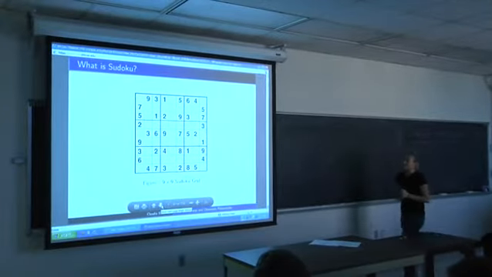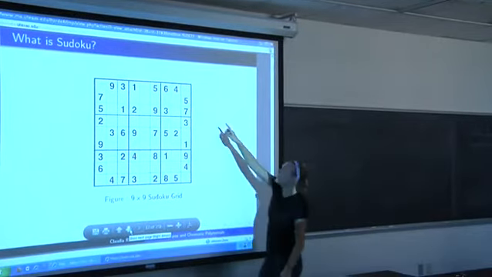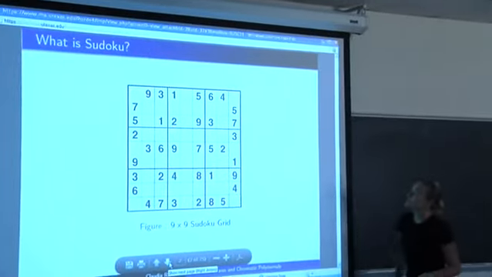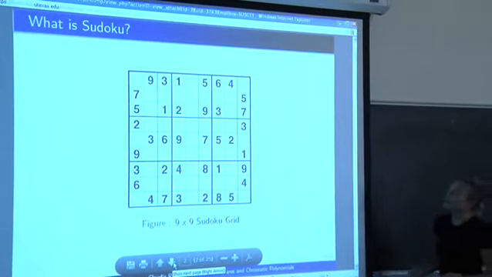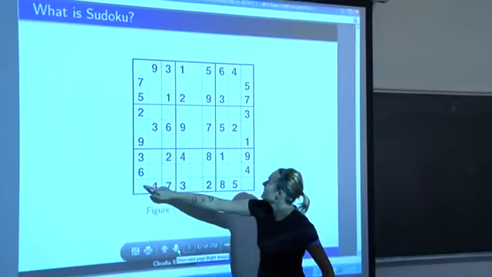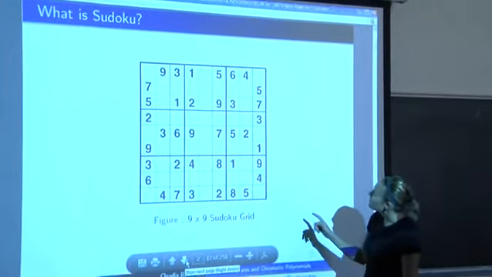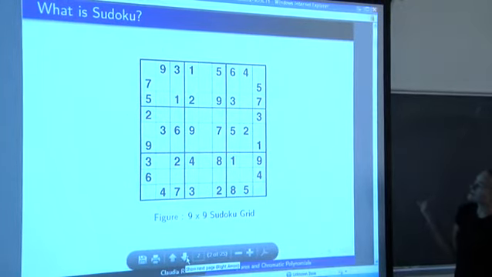Just to make sure we all understand, in this top row we have a 2, a 7, and an 8 missing, and we want to fill those in. We look at where we can put the 2, and first we note that we can't put the 2 here, but we could put it here or here. Then we look where we can put the 7.